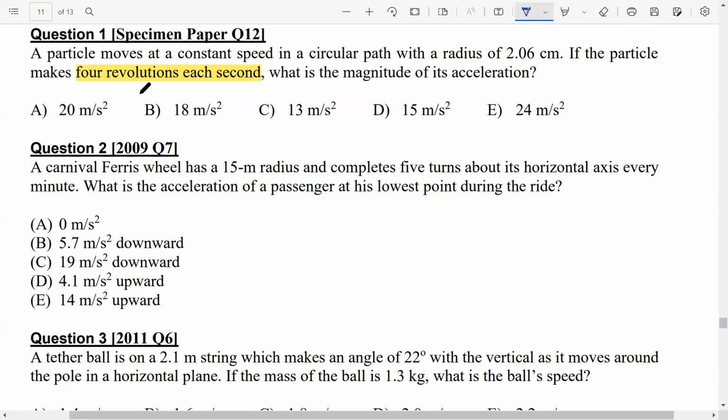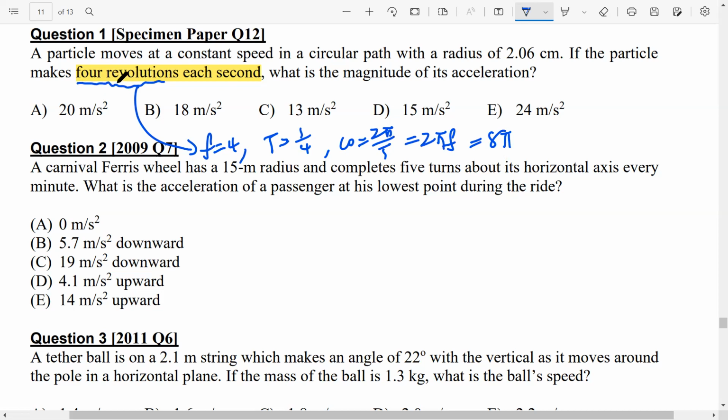First way, you can say frequency f equals 4, so T equals 1/4, and omega is 2 pi over T. Actually, 2 pi over T you can also write as 2 pi f. So from here you can get 8 pi. Another way is to see that 4 revolutions, 4 complete circles, is 8 pi radians. 1 revolution is 2 pi. So from here you can also see that omega is 8 pi immediately.